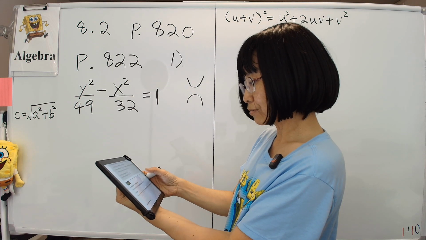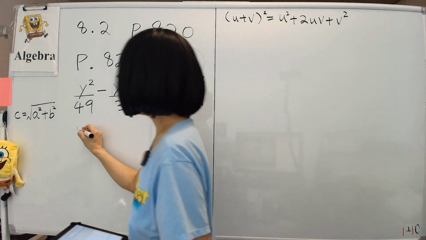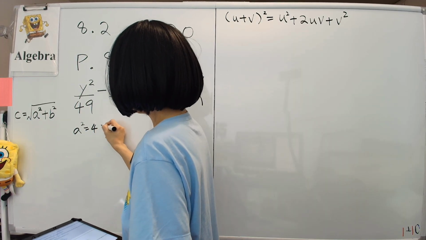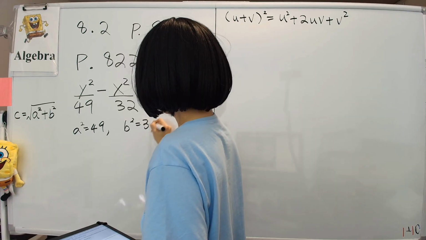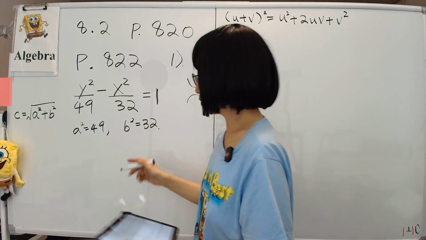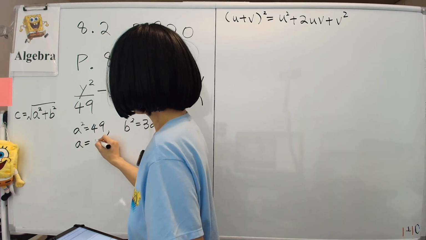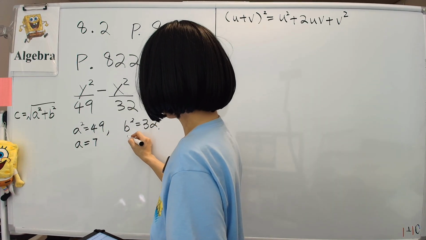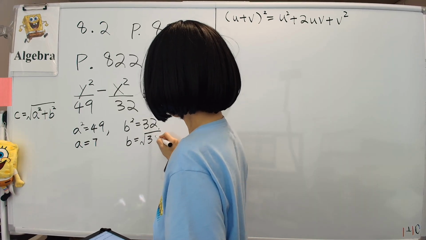What are we doing? We are identifying the vertices. So a squared equals 49, and b squared equals 32. And so a is equal to 7. And then b is whatever the square root of 32 is.